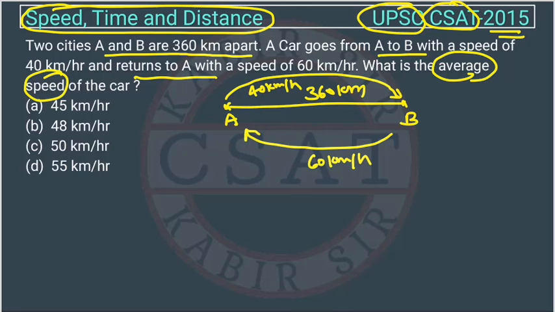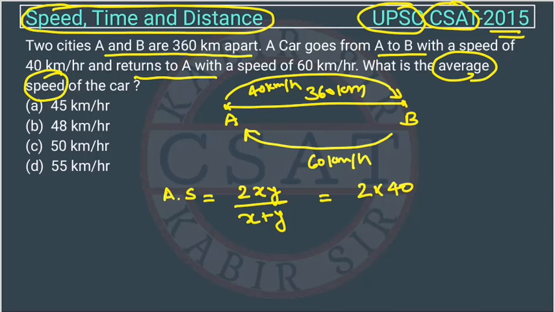We know that the average speed of the car will be equal to 2xy upon x plus y, where x and y are the speeds. There is one formula for this. So x will be 40 km per hour and y will be the second speed, because the distance is the same, so there is no need to consider the distance here.